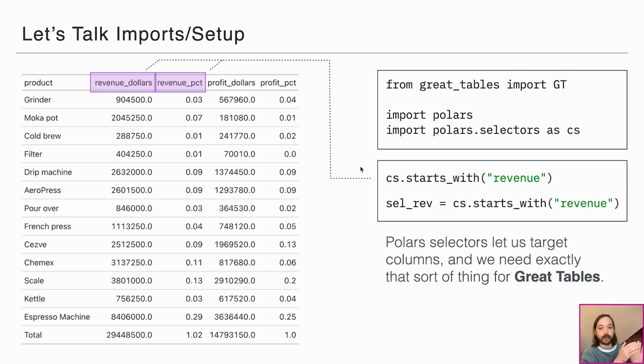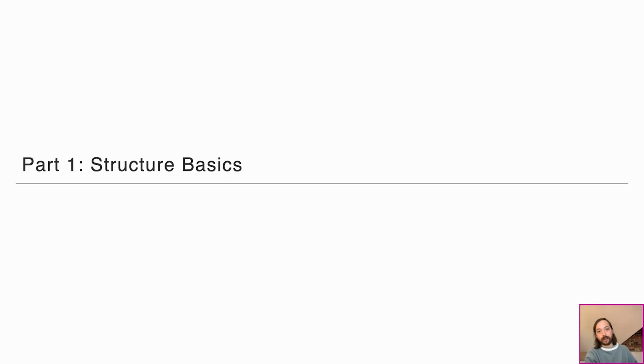These make it easy to select columns of data using a really convenient syntax. So here we import polars selectors, and we can say something like starts with revenue, and that will select all the revenue columns of our data. This will be really useful because we'll use this a lot in Great Tables to, for example, put labels over columns or to grab columns to format in our table. So with that out of the way, I'm going to go into the basics of structuring tables.